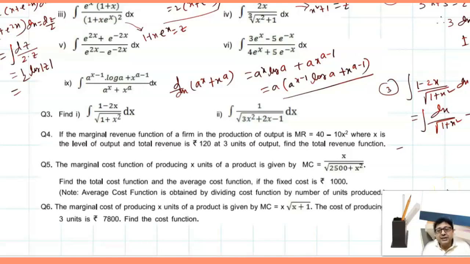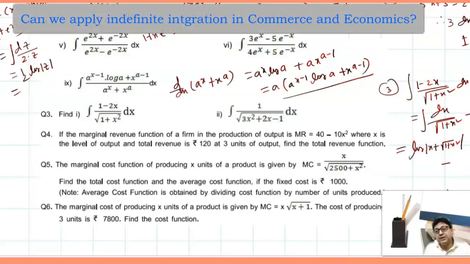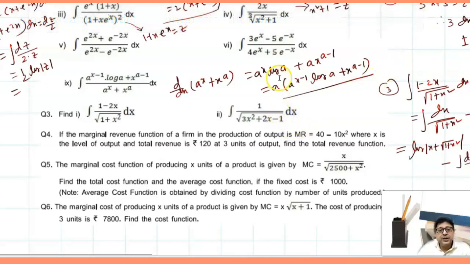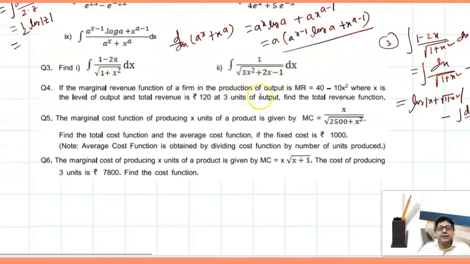For this one, it is a standard integral, you know it is log form, log of x plus under root 1 plus x square. This minus, how to do this one? Make a substitution, 1 plus x square equal to z, 2x dx equal to dz. So it is going to be of the form dz by root z. 1 by root z is z to the power minus half. Integration is so easy there.